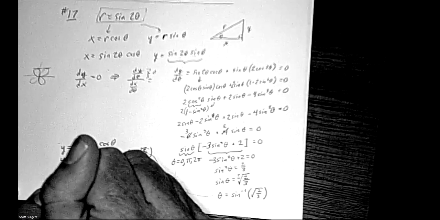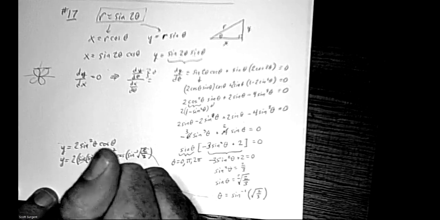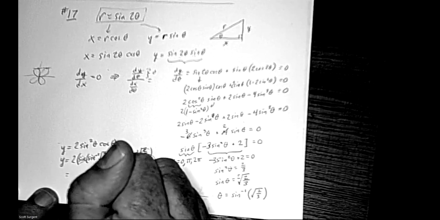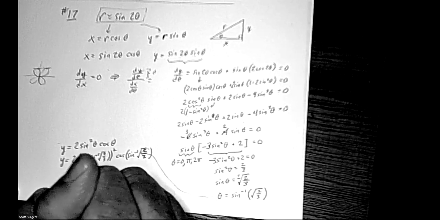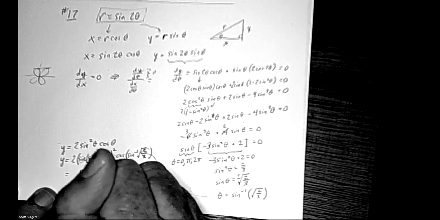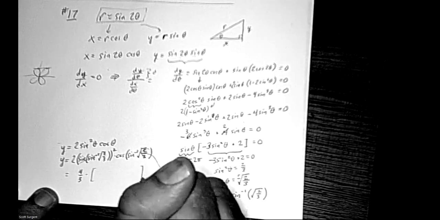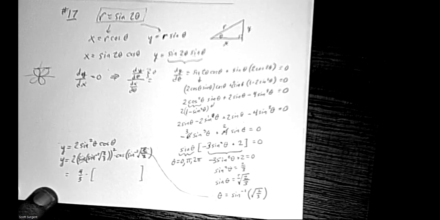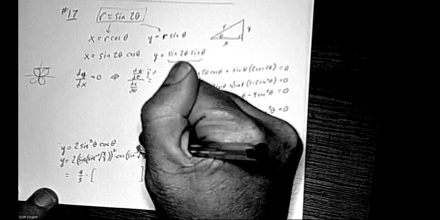They'll just cancel. And you get two, and then this just squares, so two times two thirds is four thirds. And then this is multiplication, so we still have this thing to worry about. All right, I'll show you what to do here.